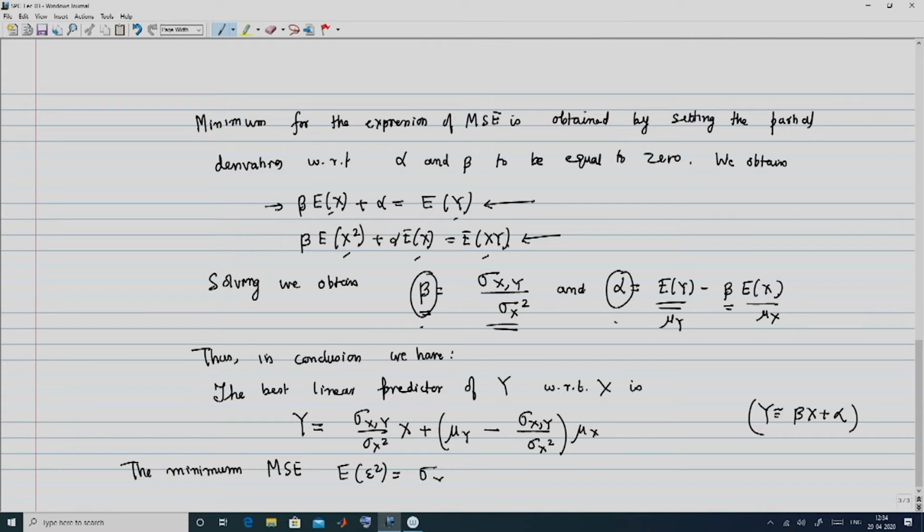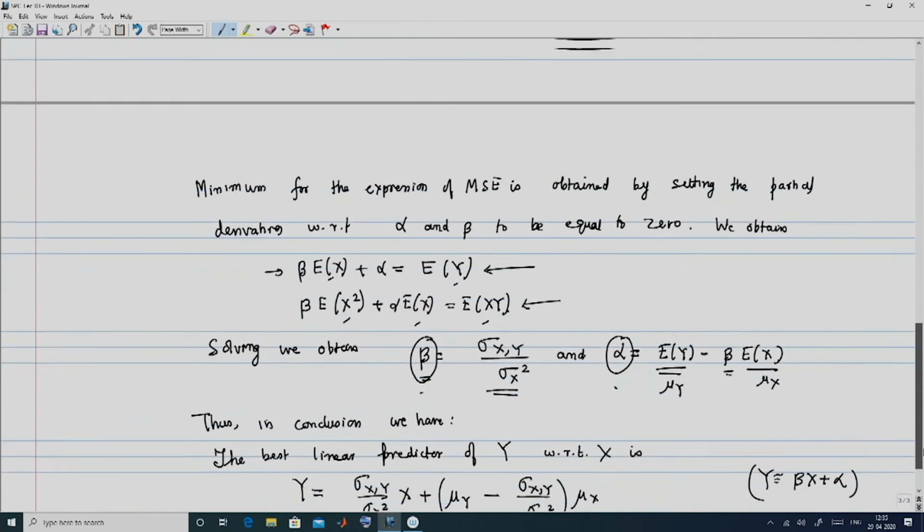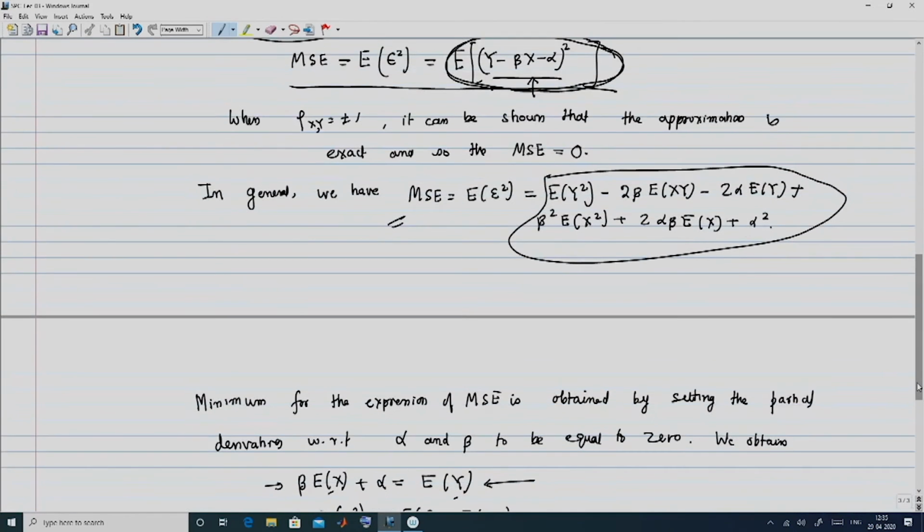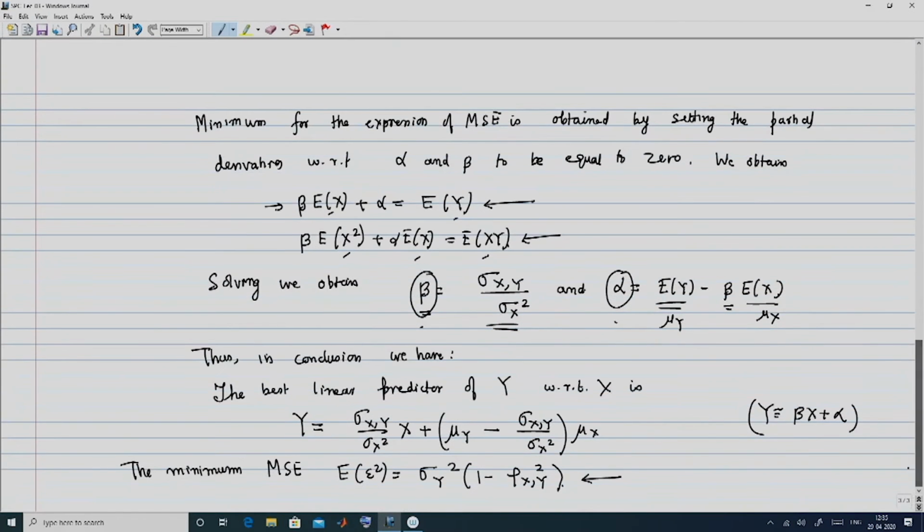After some calculation, this turns out to be sigma y square times (1 minus rho xy square). So here you see it brings us back to the original statement. This can be reconciled with our previous statement that when rho xy equals 1, the MSE is going to be equal to 0. So, this is consistent with the observation that we have here.